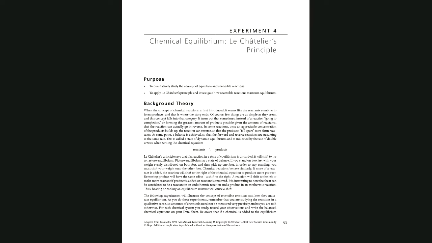Let's say your reaction is an endothermic reaction. That means the heat is going to be on the reactant side, and if heat is a reactant for an endothermic reaction, you increase the temperature, that heat is going to make the reaction go to the product side because heat needs to be consumed.